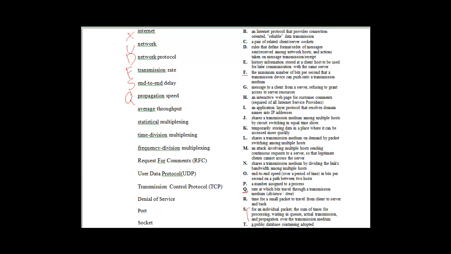Average throughput is the end-to-end speed over a period of time in bits per second on a path between two hosts. So the full end-to-end speed all the way through. So that's O.